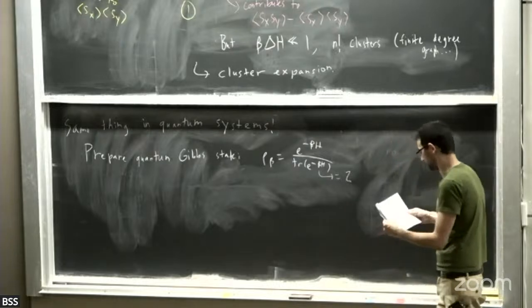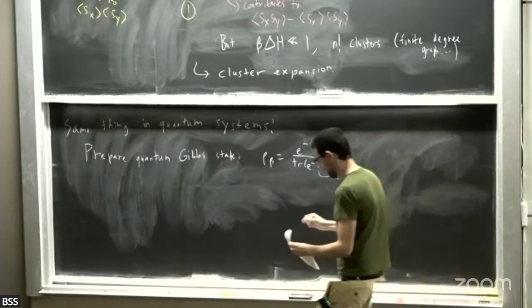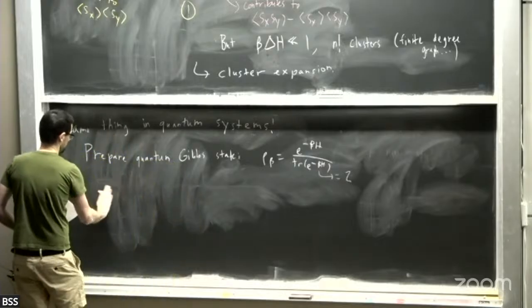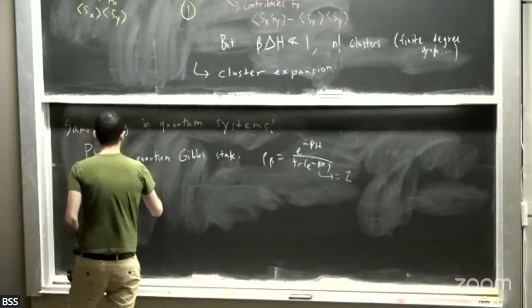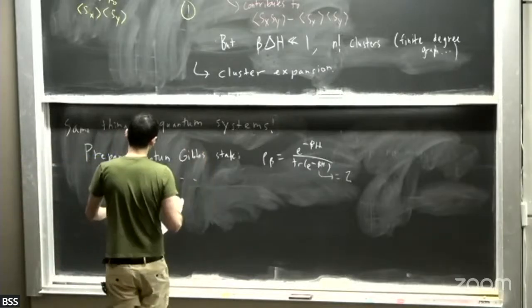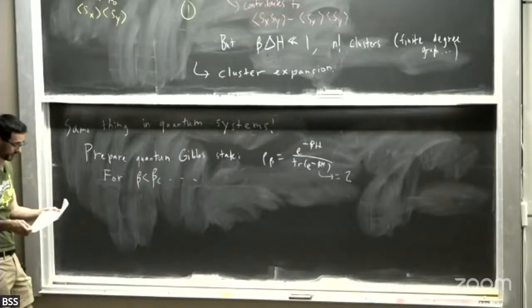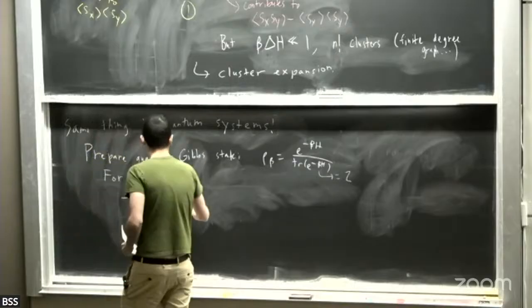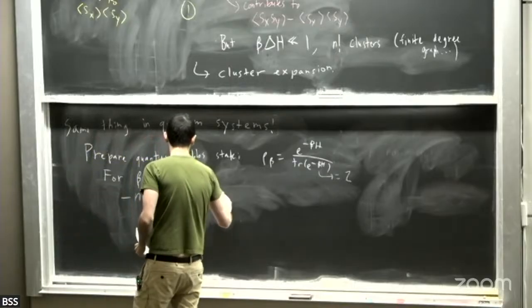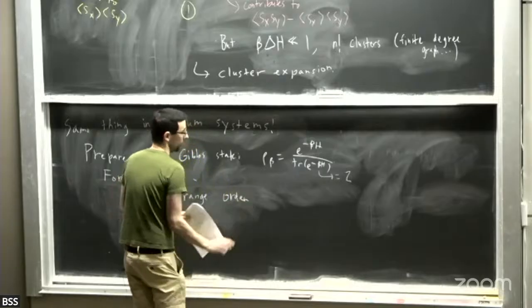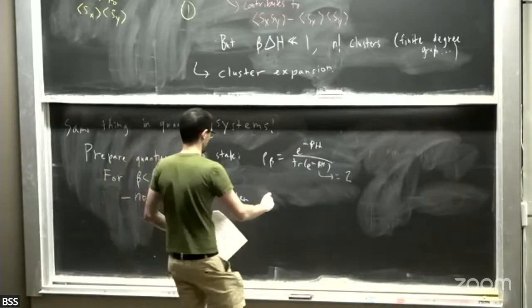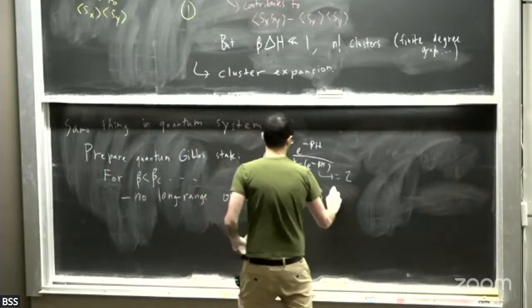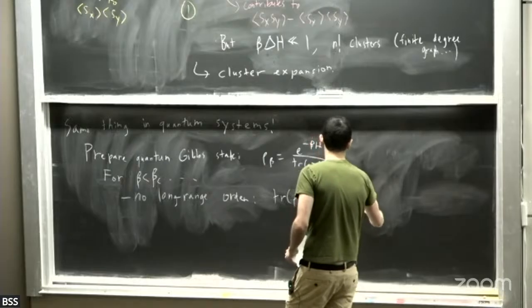What is known is, all the same words as before, for sufficiently small beta, we have two things. There's no long range order in correlation functions, so trace of rho AB, etc.